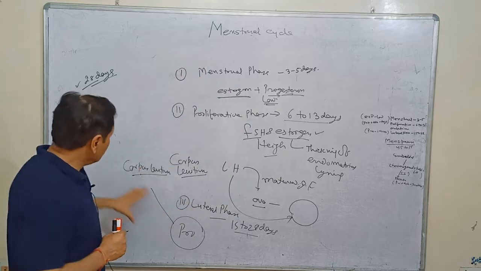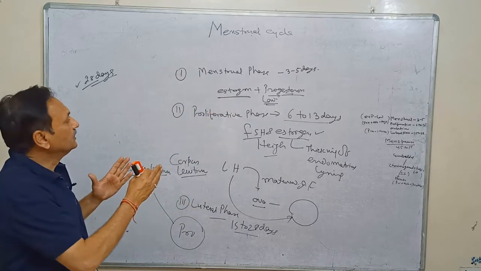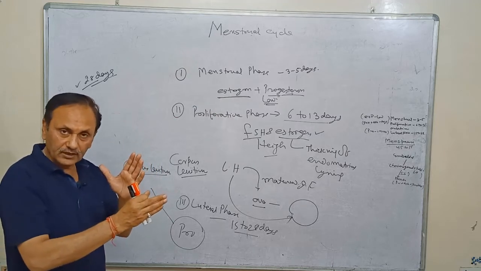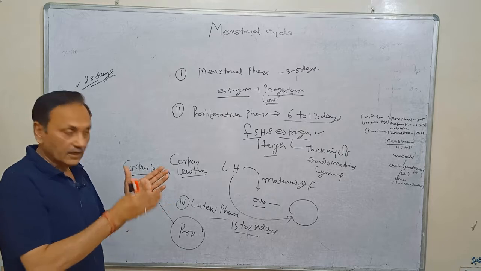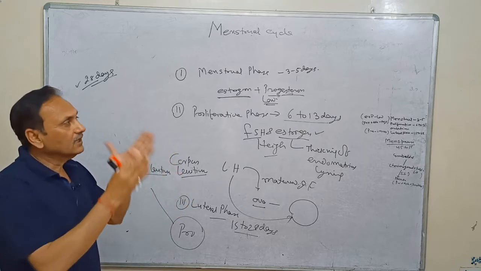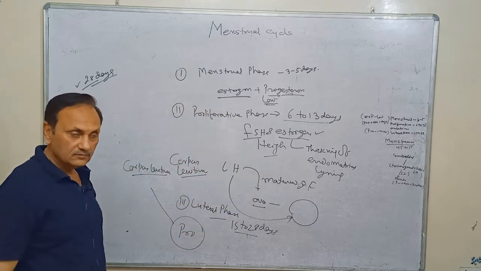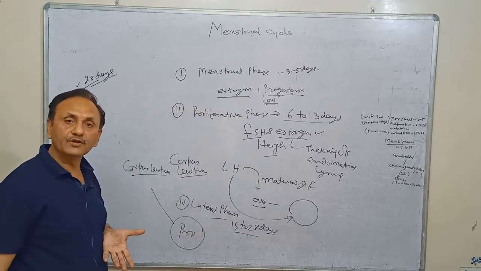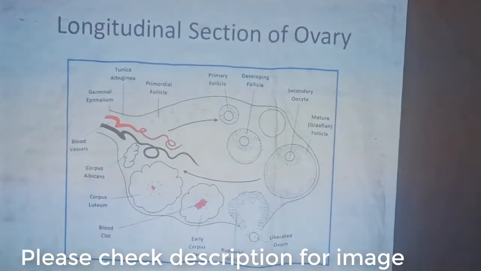Now all of these things we will discuss with the help of the figure, that is the LS of the ovary and the menstrual flow. In this menstrual cycle, we will compare the quantity of the hormones, the thickness of the endometrium, and the days.